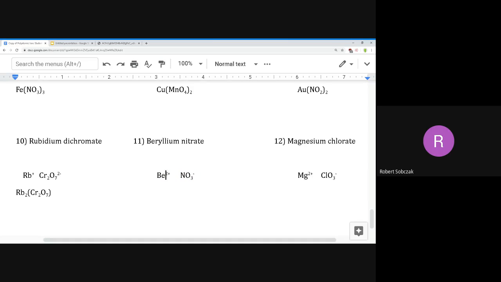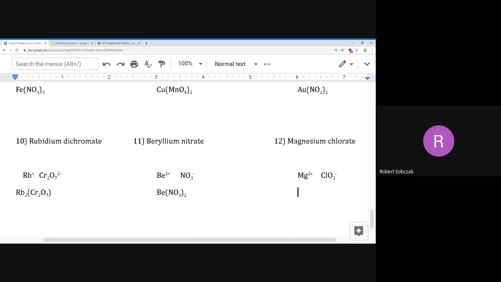The +2 is going to attach to the nitrate. The -1 is going to attach to the beryllium. So it's going to be beryllium 1. 1 is invisible. And we need 2 nitrates to go along with that 1 beryllium ion.